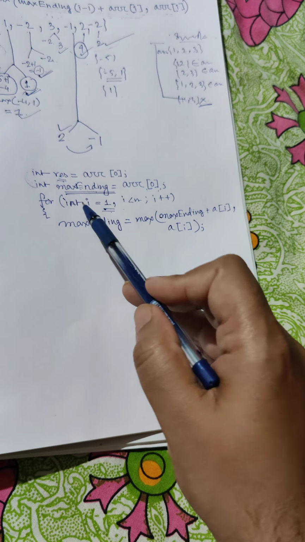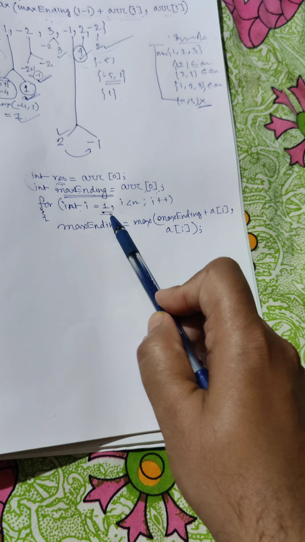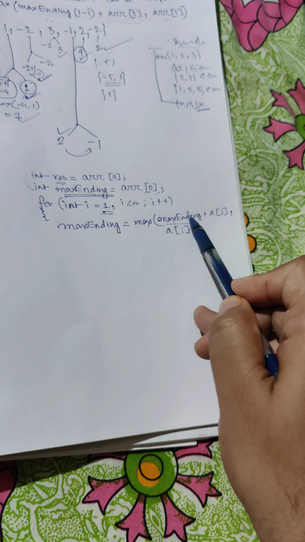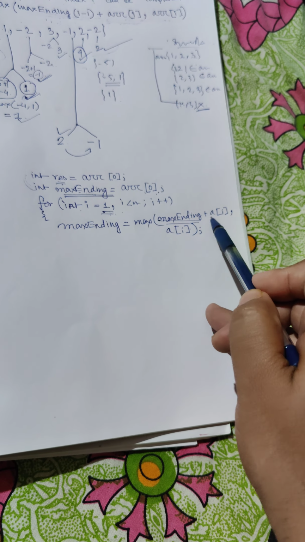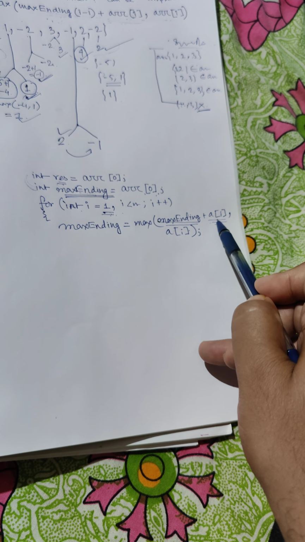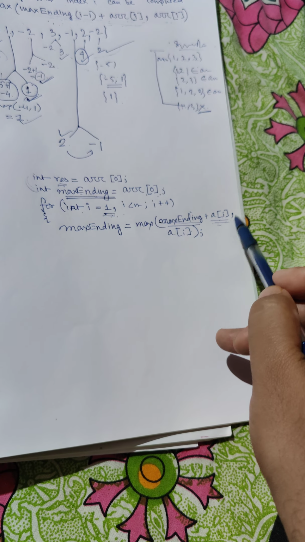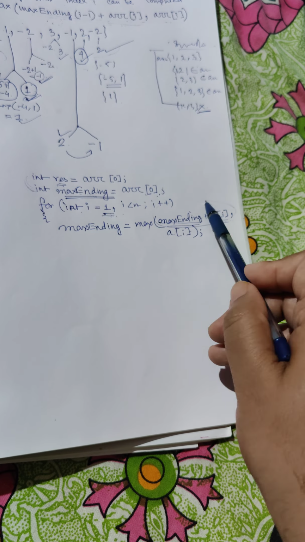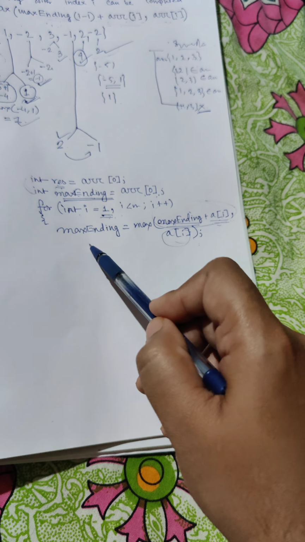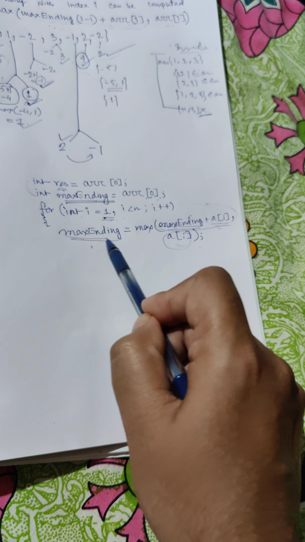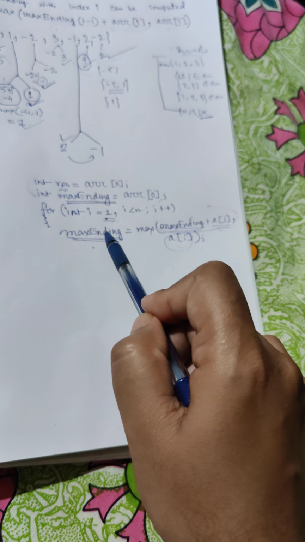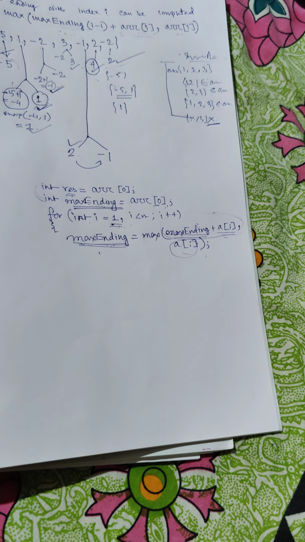So when it comes to the second element, we take the first element's max ending and add the second element along with that, and we check whether this is the bigger number or that is the bigger number, and we take the maximum. So now this is the real max ending for the second element.